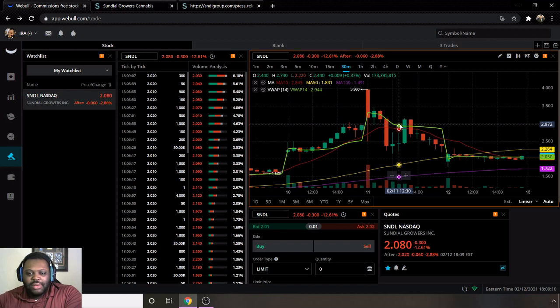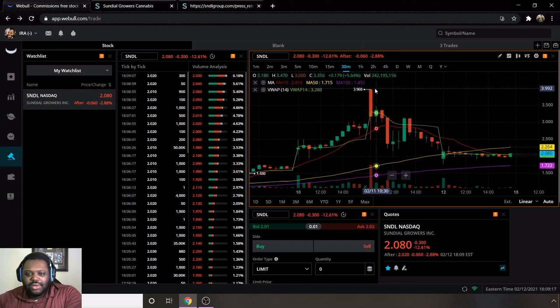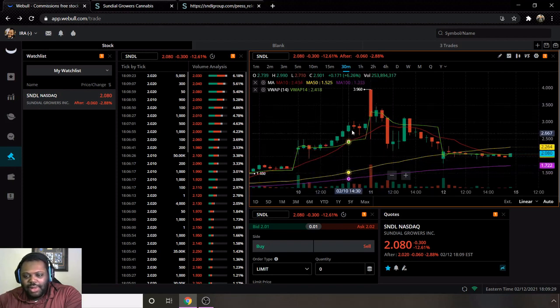But overall, target price wise, I think this could definitely hit $5. Now, $5, in my opinion, is a very modest number, especially considering it hit $3.96. This one is day traded quite a bit, so when the volume starts to spike, it usually rallies up. If it hits $5, it will probably follow a similar pattern: go up, hit that $5 spike for a little bit, and then go back down, unless there's large legislation passed by the U.S. to do some more regulation or decriminalization around the cannabis industry.